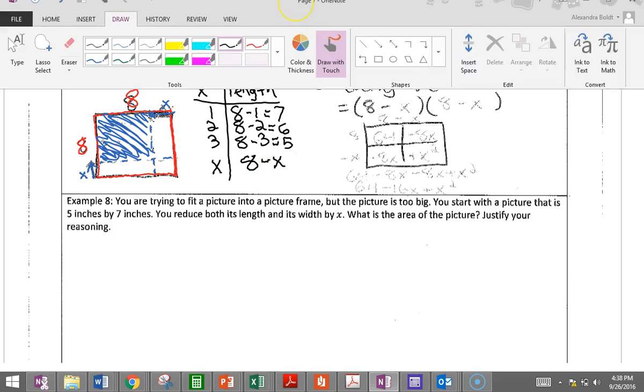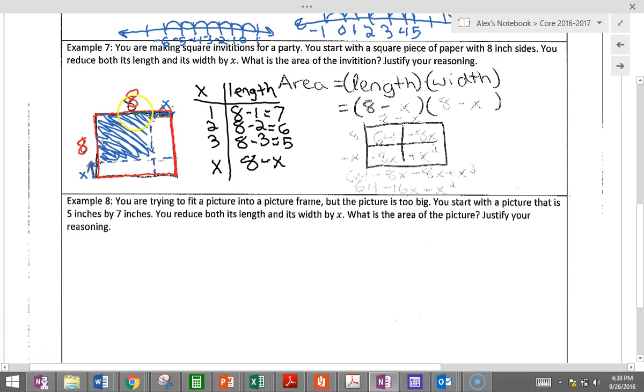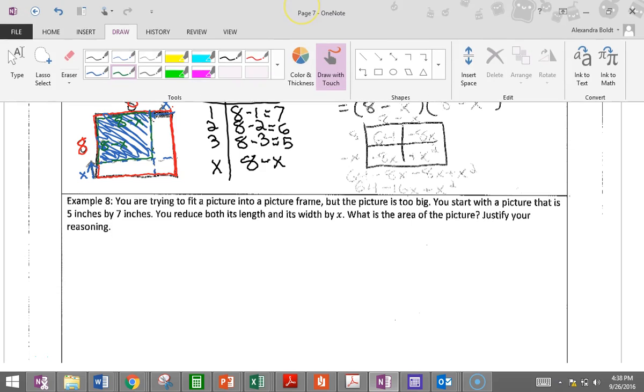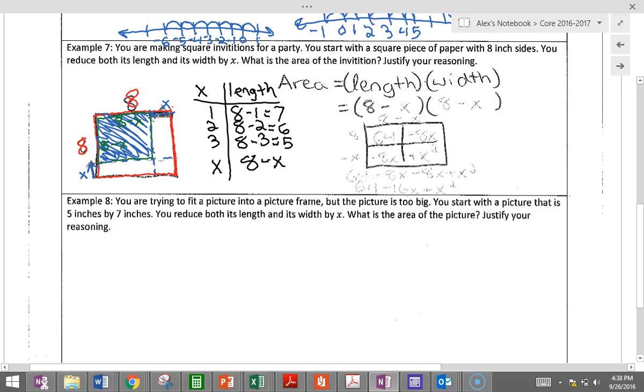So this square here has sides of 8 minus x and 8 minus x, because I cut x off both. It says here, my area equals length times width. That's the area of a square or a rectangle.